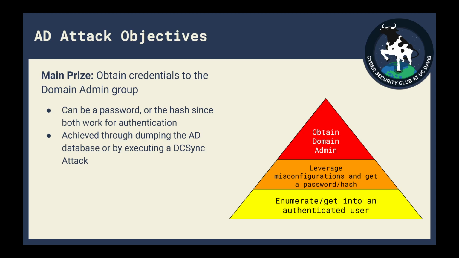Very interestingly, because of how Active Directory works, you don't need to crack a password to get into the system. As long as you have the hash, you don't even need to know what the password is that created the hash. You could just send a hash, and that is pretty much as good as a password for authenticating to Active Directory.